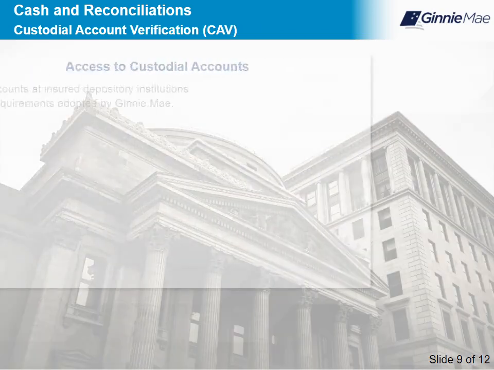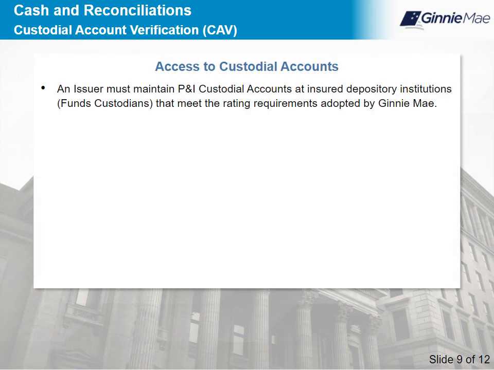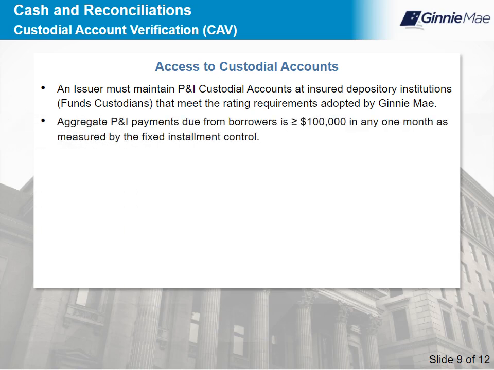An issuer must maintain P&I custodial accounts at insured depository institutions, funds custodians, that meet the rating requirements adopted by Ginnie Mae, if aggregate P&I payments due from borrowers are greater than or equal to $100,000 in any 1 month as measured by the fixed installment control.